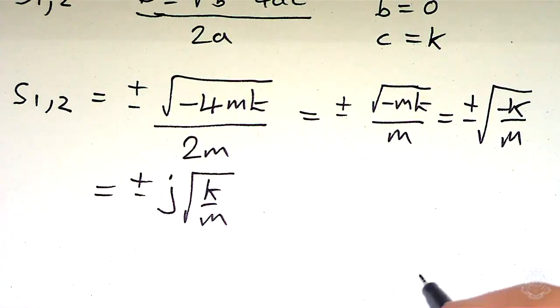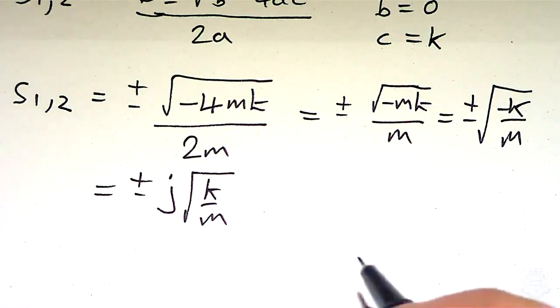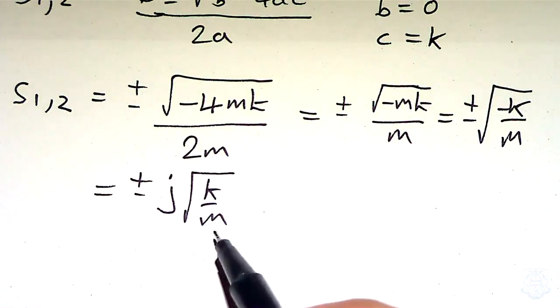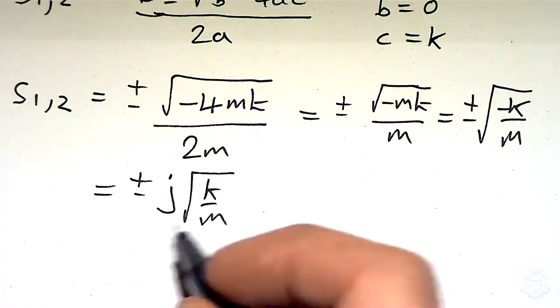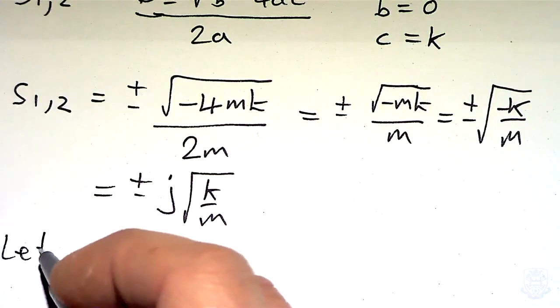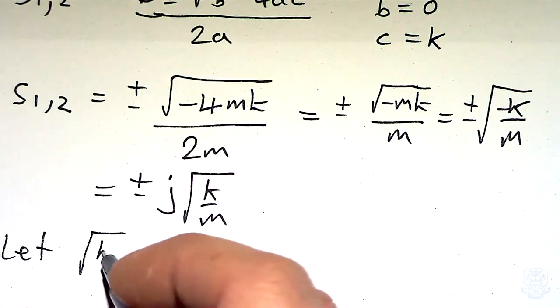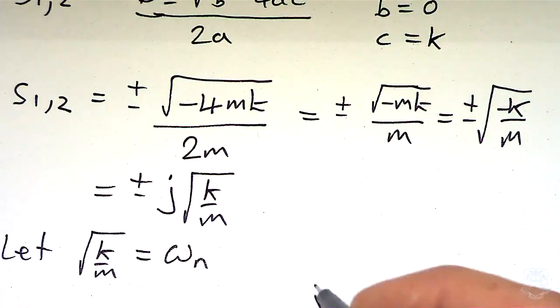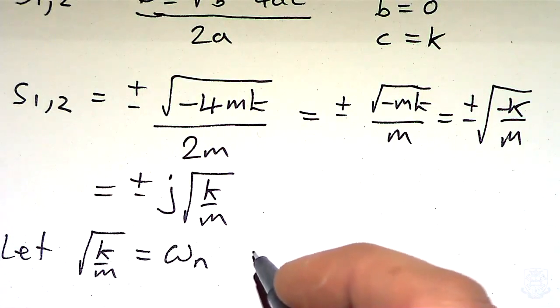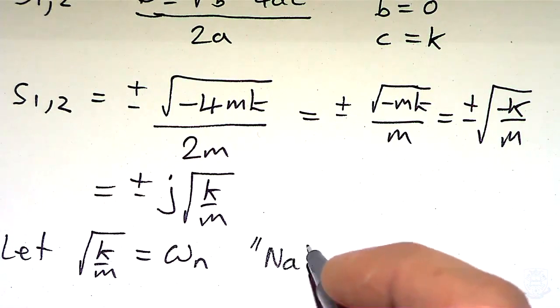Now this square root of k over m is an important parameter. What we're going to do is let the square root of k over m equal omega subscript n, which is the natural frequency.